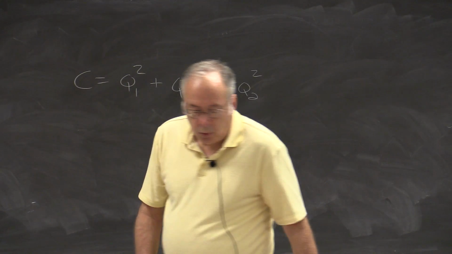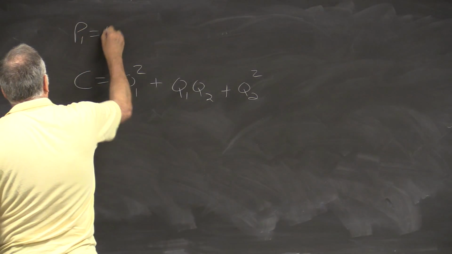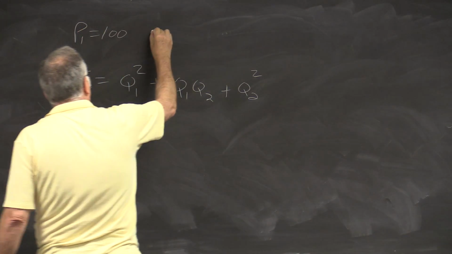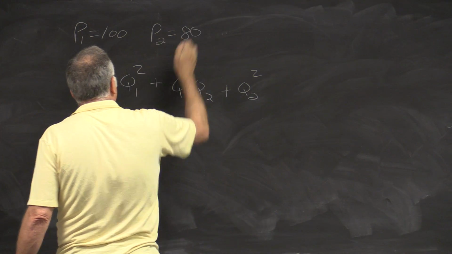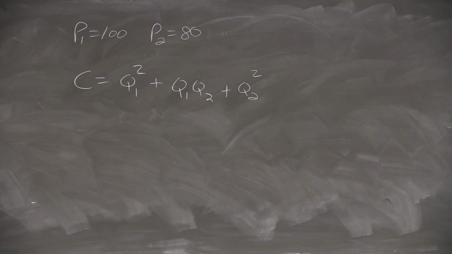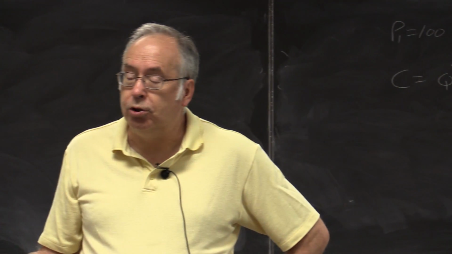So the price of product 1 is 100. The price of product 2 is 80. So the firm can sell as much of product 1 as it likes at $100 a piece, and as many units of product 2 as it likes at $80 a piece. There's your cost function. The question is, assuming that the firm wants to maximize profit, how much of product 1 and product 2 should it produce and sell?